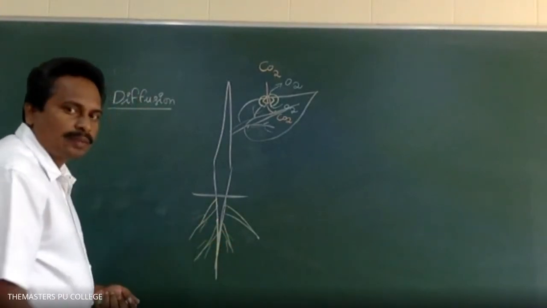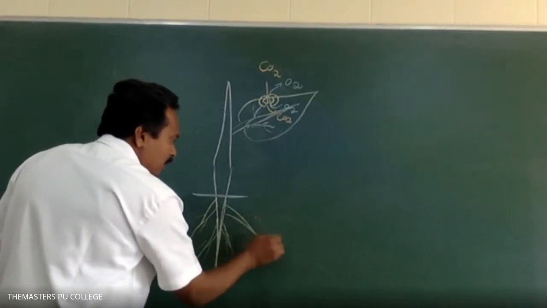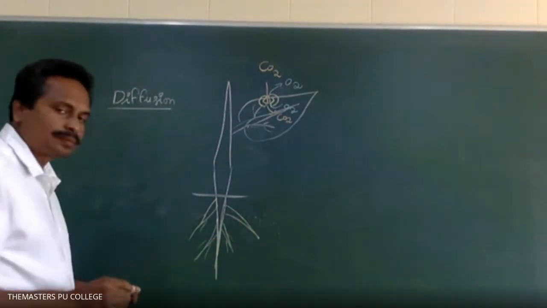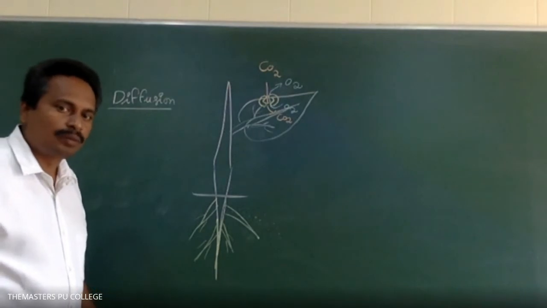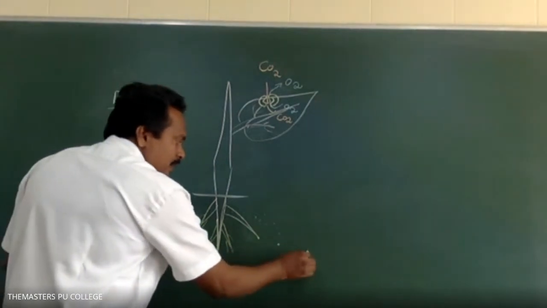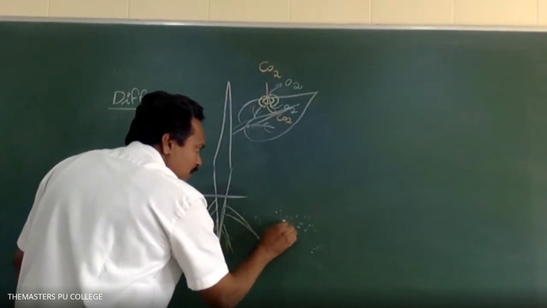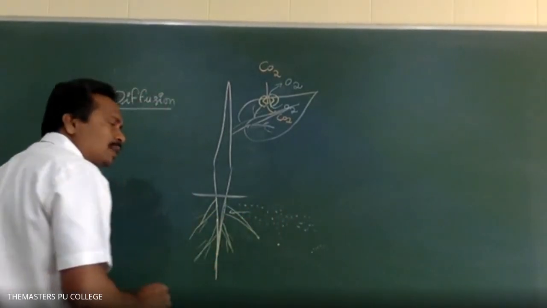Which plant organ is involved in absorption of water and minerals from the soil? The root. The root is involved in absorption of water and minerals from the soil. So there, the water moves from higher water potential to lower water potential through the cell membrane.